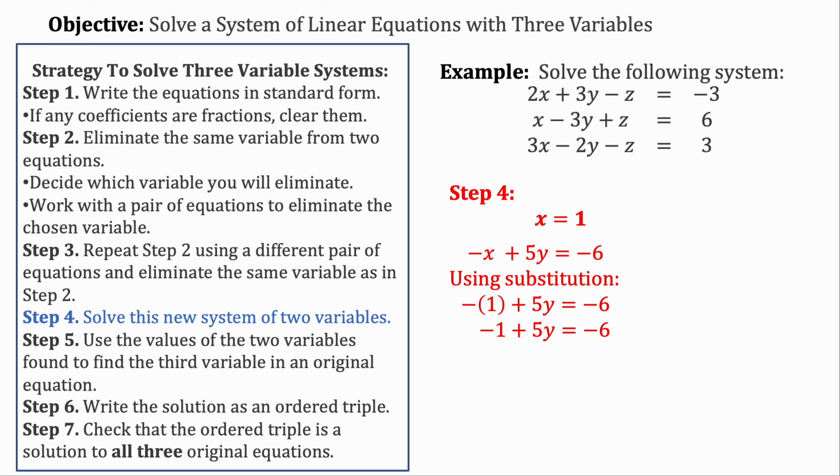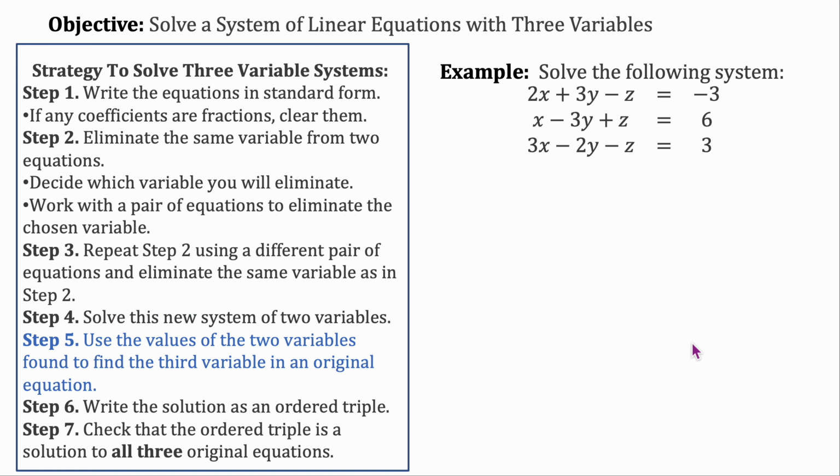Let's add 1 to both sides of our equation, so -6 plus 1 is -5. We still have to divide by this coefficient of 5, giving us a y value of -1. So now we have x is 1 and y is -1. That brings us to step 5.